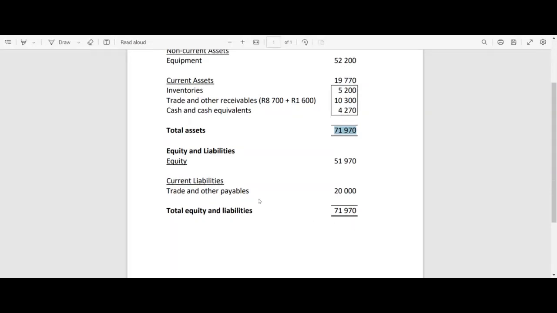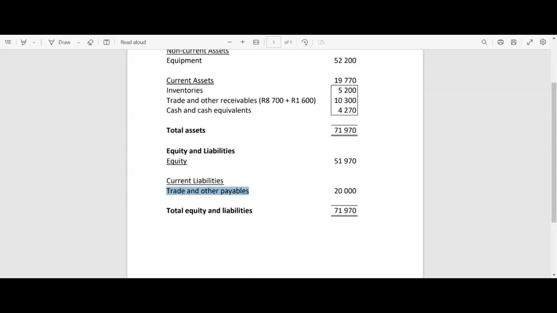Right, then just lastly, our trade and other payables. We didn't actually have other payables. It is only the trade payables, but once again, I suggest we get used to this description, because again, it comes from IAS 1, which we'll deal with in financial accounting 2. So this is how we disclose it.